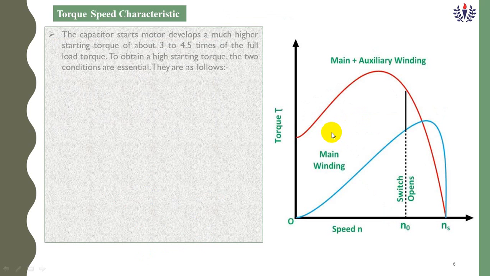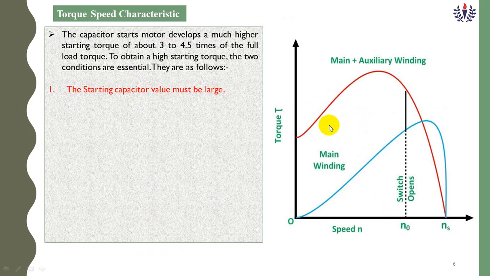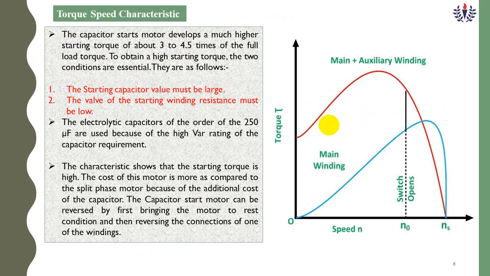This is the torque speed characteristic. Now you are operating the centrifugal switch. You see this diagram and you will understand it. On the x-axis it is speed, and the y-axis is torque.